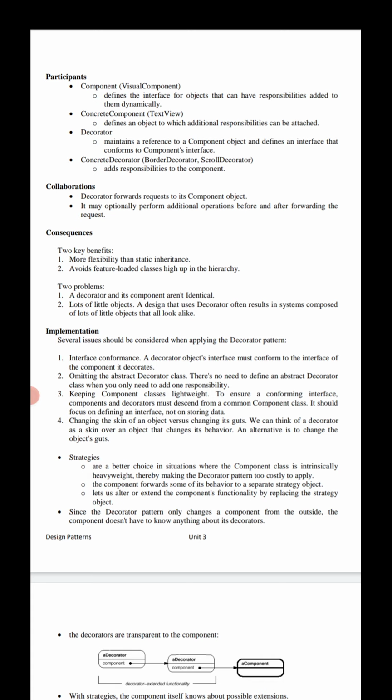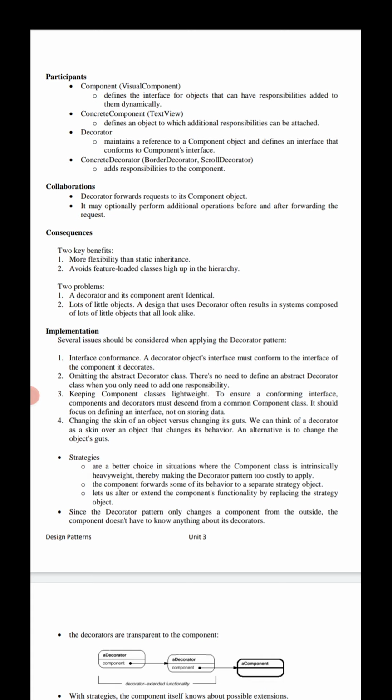And we need to see there are two problems. Extending a complex class would tend to expose unrelated responsibilities we are adding here. The first problem is that a decorator and its component are not identical.